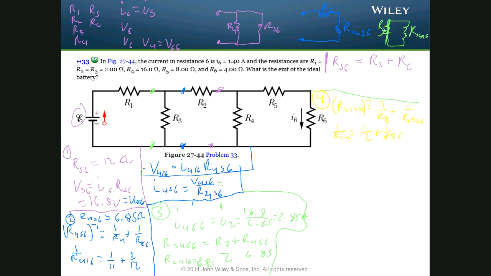And that will give us 1.63. I'm going to trust you on 1.63. R2 through 6 is going to equal 1.63 ohms.